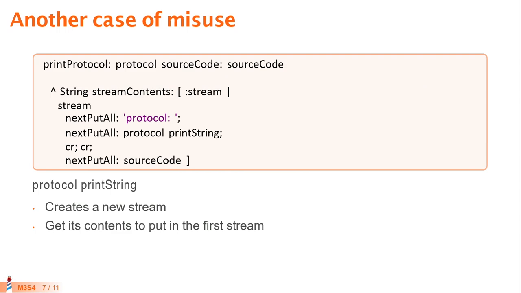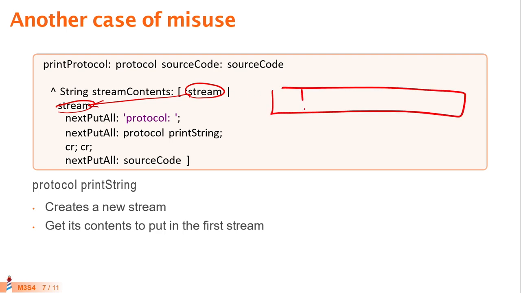So you see here again, in the method print protocol, a stream is created. Okay, so the system creates a stream. We put things inside, so we have our stream. So here we will write protocol.